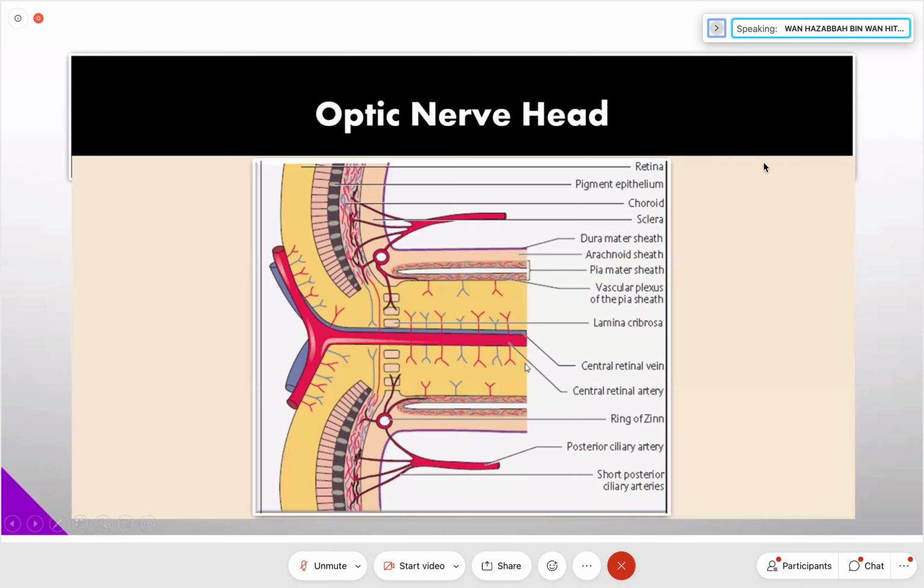We know the blood supply of the optic nerve head is from the central retinal artery, and also mainly from the short posterior ciliary arteries, which supply the optic disc area.